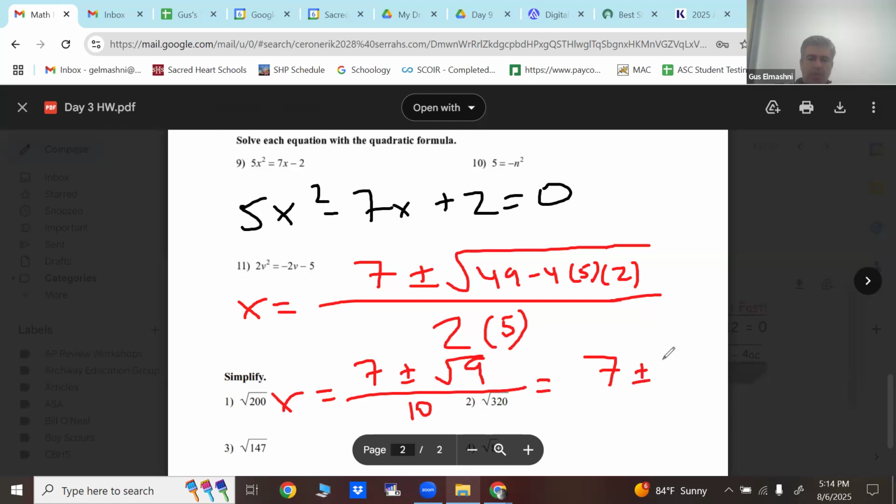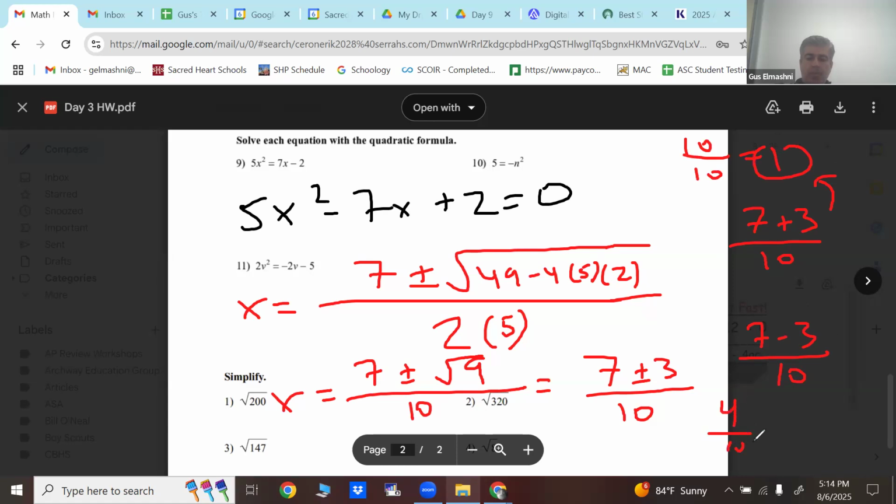So it's 7 plus or minus 3 over 10. So you have 1 and 2/5. So we still get the same thing if you do it that way.